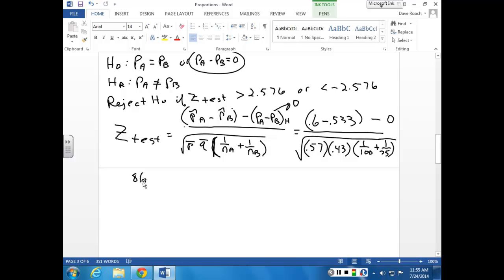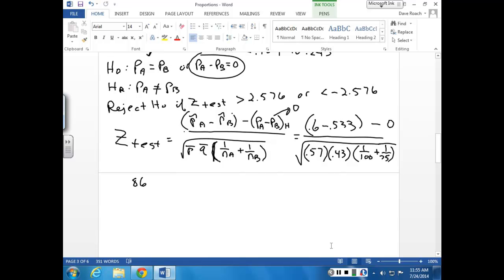So I'm going to go to Stat, Tests, Two Proportion Z-Test, which is option 6. And I have 60 out of 100, 40 out of 75. Not equal to, it's a two-tailed test. And calculate. Sorry, I actually got 0.886 on my calculator, so that is correct.